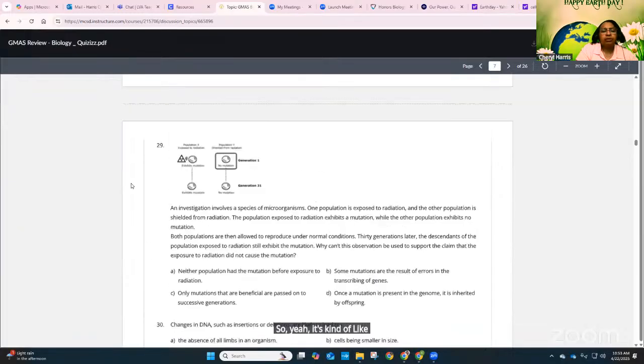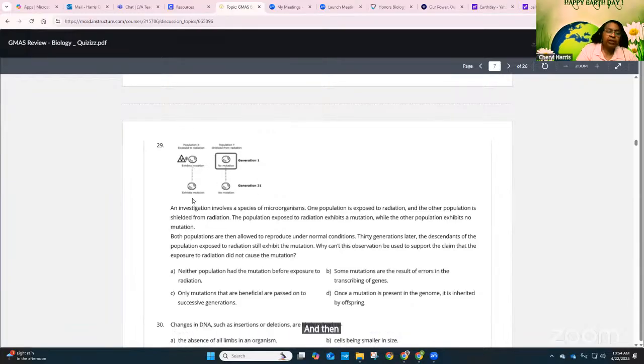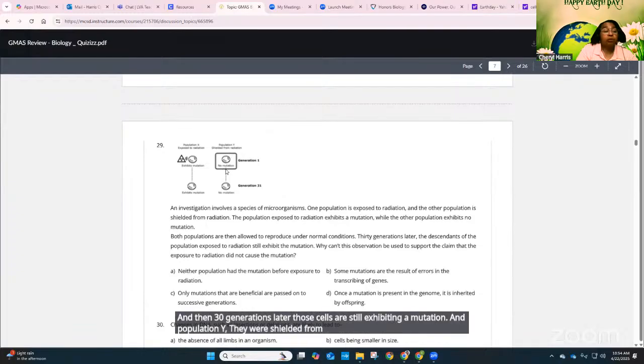All right, so looking again at the picture, the first picture where it says population X is exposed to radiation. So you have a cell that has 2 chromosomes in it and it's exposed to radiation. And then it exhibits a mutation. And 30 generations later, those cells are still exhibiting a mutation. And population Y, they were shielded from the radiation. There was no mutation. And 30 generations later, there's still no mutation.